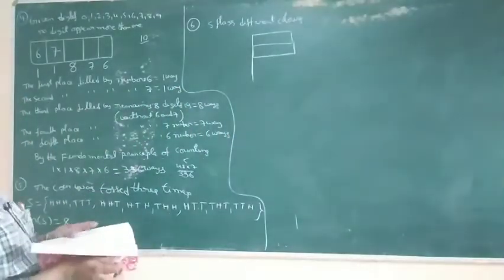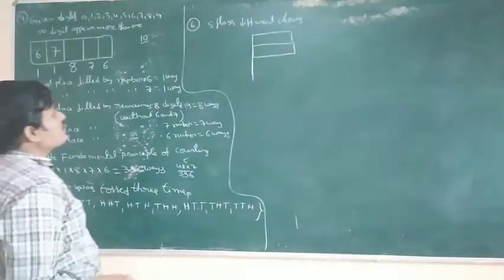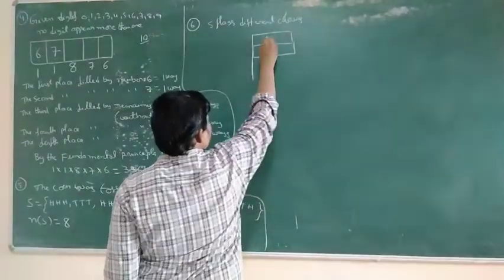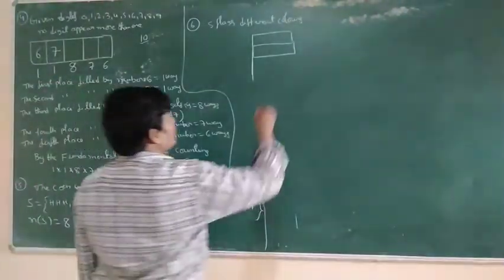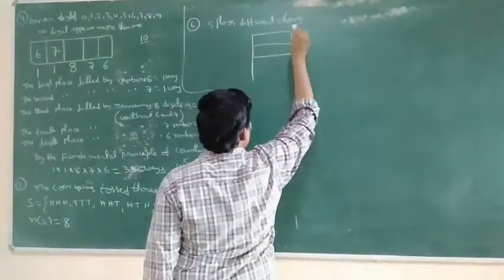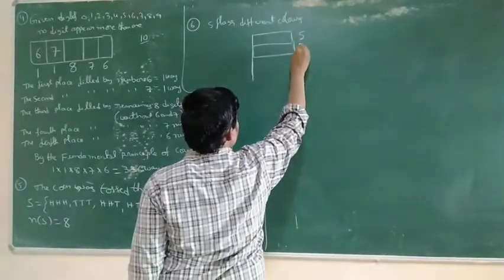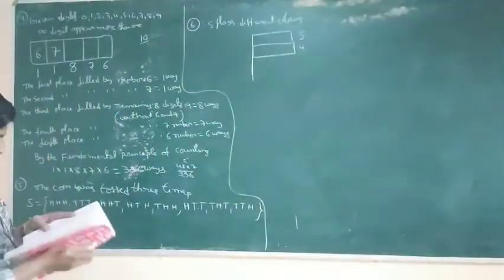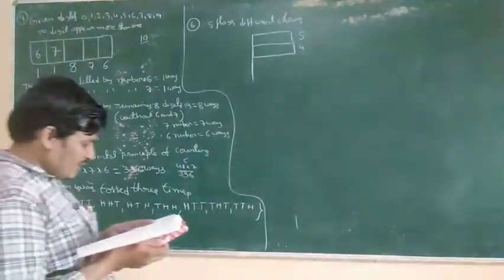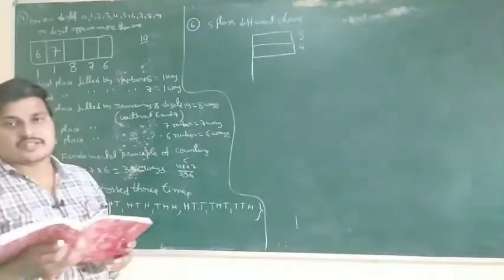One below the other means these are the 2 flags, 2 colors, out of a total of 5 colors. The first place, the upper flag, is filled by 5 colors. The second is already fixed, no repetition.